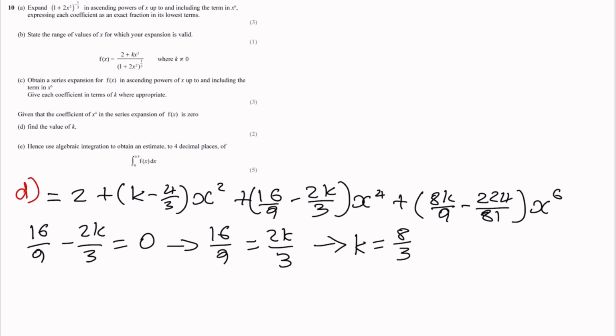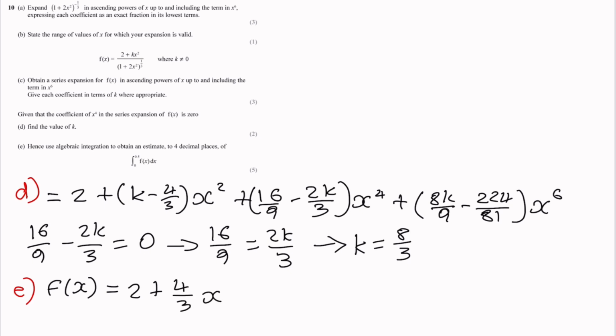Part E. Hence, use algebraic integration to obtain an estimate to 4 decimal places of the integral of f of x between 0 and 0.5. So I've now found k, so I can substitute my value of k into my expansion of f of x, which will give me f of x is equal to 2 plus, now if I substitute k into here, I end up getting 4 over 3 x squared.